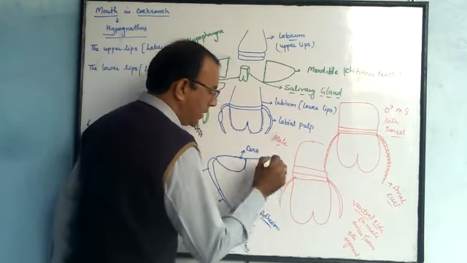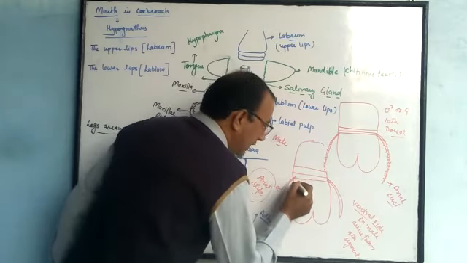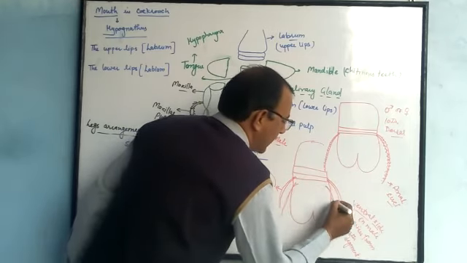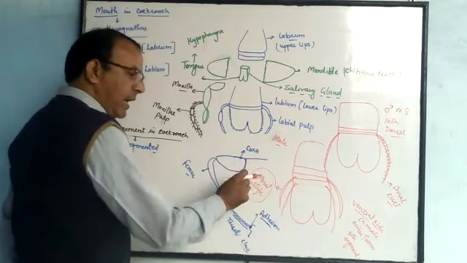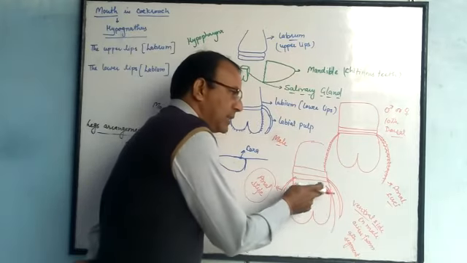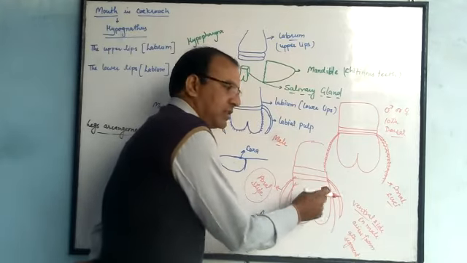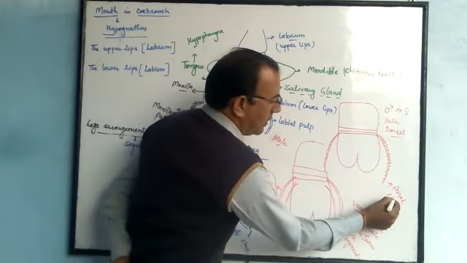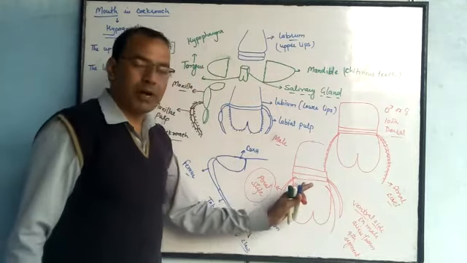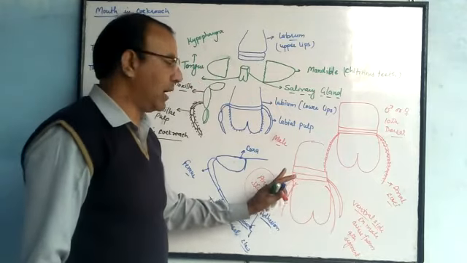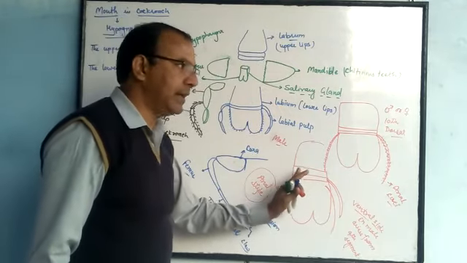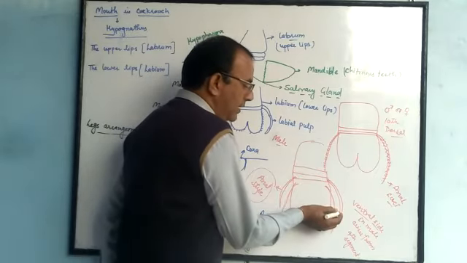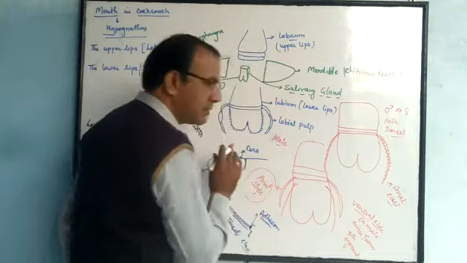The anal cerci arise from the 10th segment. So the difference in male is that at the end you see 2 pairs of such structures: one is the anal cerci, which is common for male and female, but in male, towards the ventral side, 2 appendages also arise from the 9th segment, which makes it different from the female. That appendage is known as the anal style.